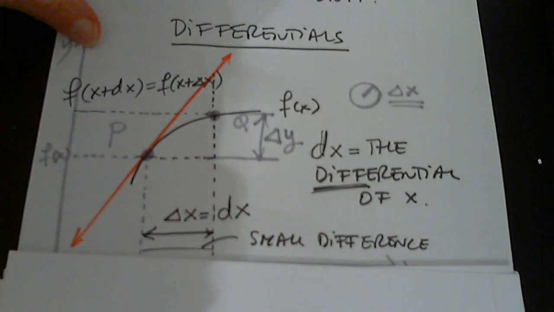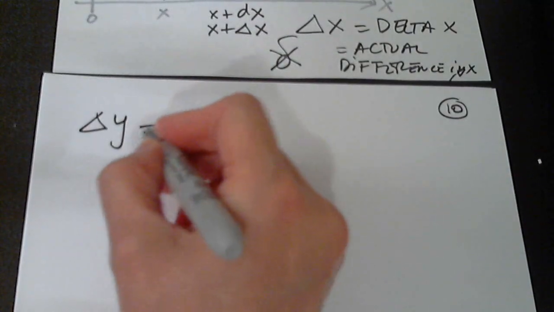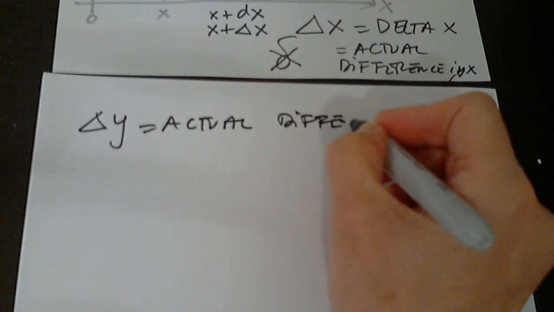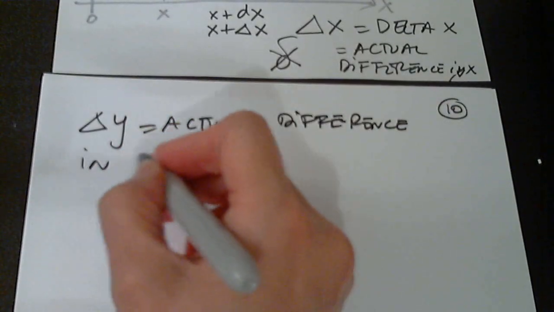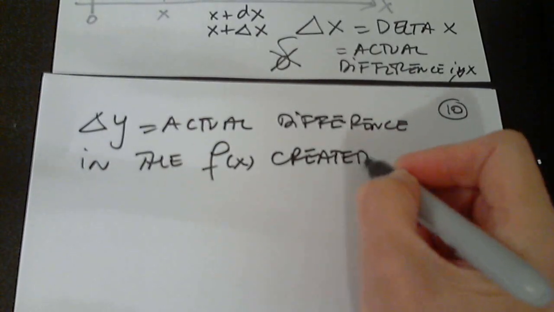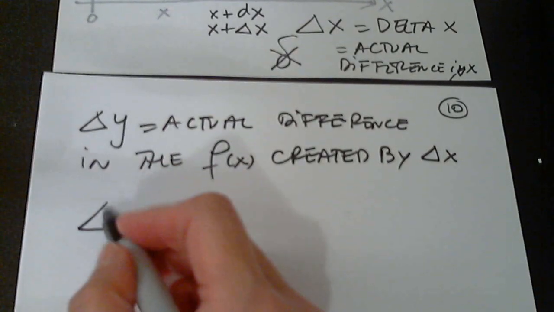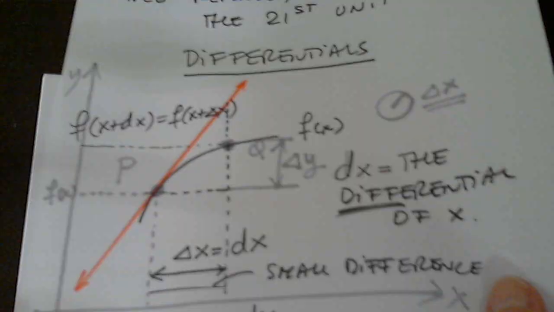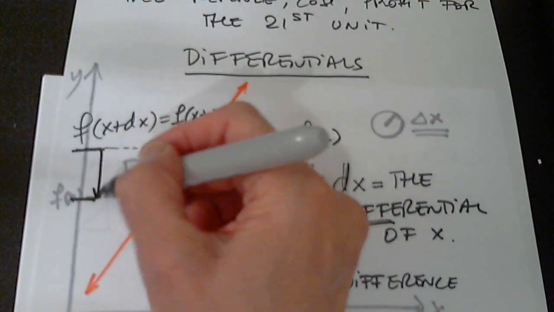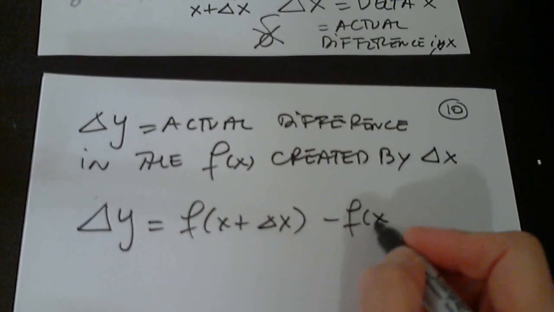Delta y is the actual difference in the function, in the f of x, created by delta x. What does it equal to? Delta y is f of x plus delta x minus f of x, this distance. So f of x plus delta x minus f of x.